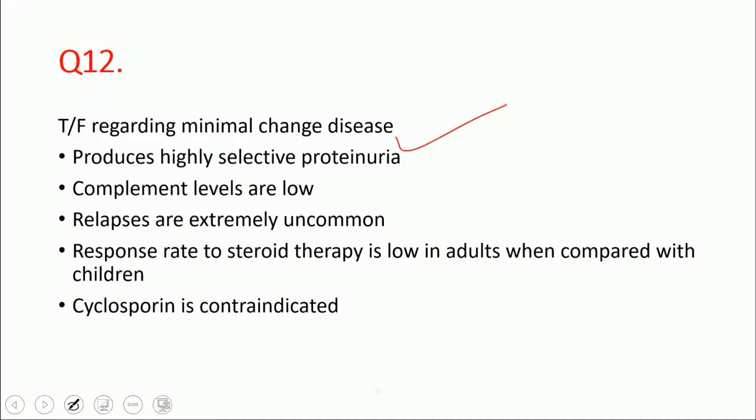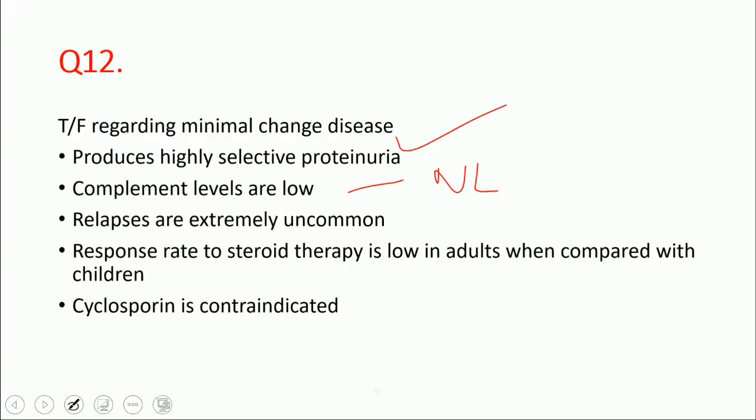Complement levels are low in patients with more aggressive inflammatory glomerular nephritis, like post-streptococcal glomerular nephritis and lupus nephritis, because these immune-related inflammatory conditions consume complement, so the complement levels go down. But in minimal change disease, the complement levels are usually normal.